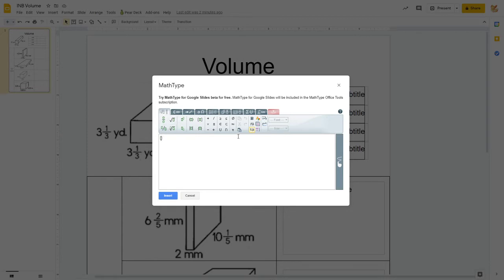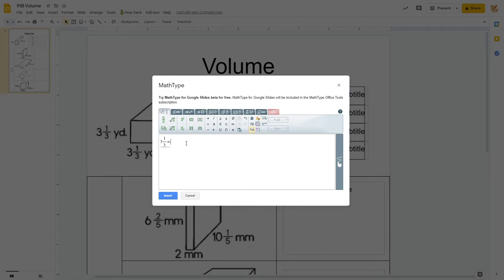So I'm going to type, because I'm trying to find my length, which is this one right here, 3 1/3. I'm going to put 3, make a fraction, 1/3, equals, and then here I'm going to find out what my new numerator is.